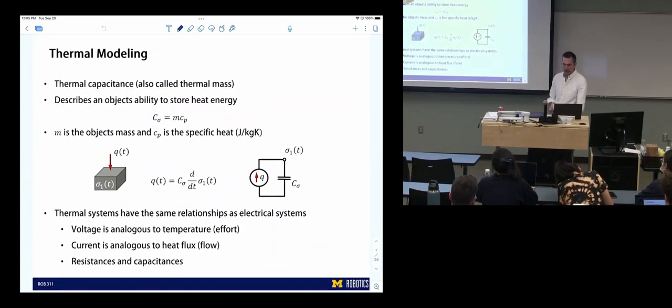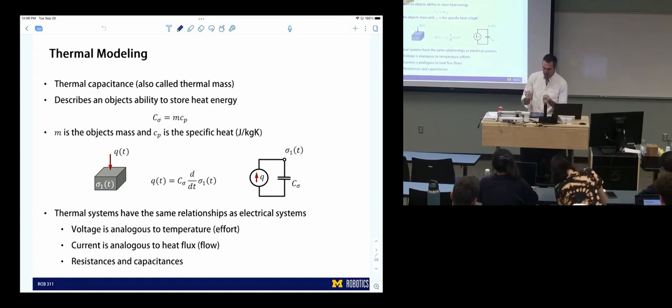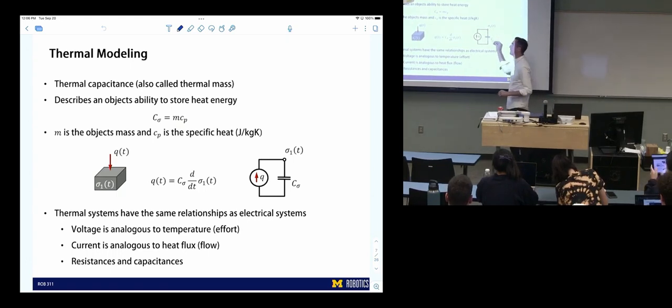The last property we talked about was thermal mass, which we modeled as a capacitor. Thermal mass, or thermal capacitance, describes an object's ability to store heat energy as a change in temperature. We can store energy lots of ways. One way is by changing temperature, stored in the mass of a system. We talked about that in terms of this capacitor.